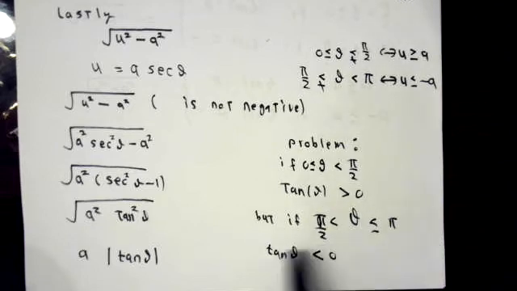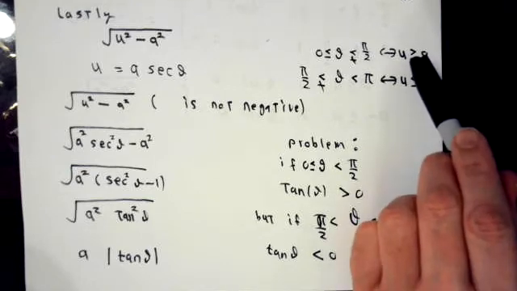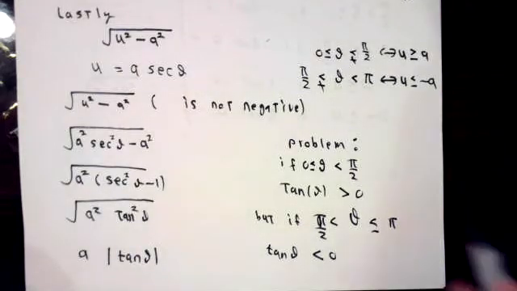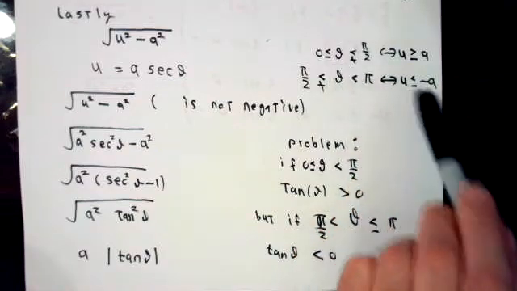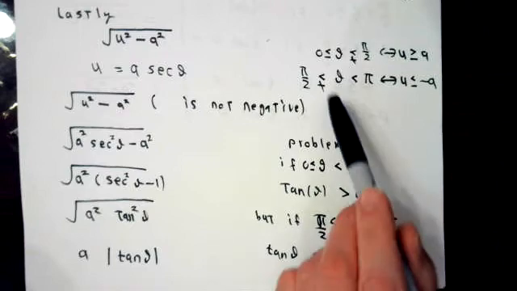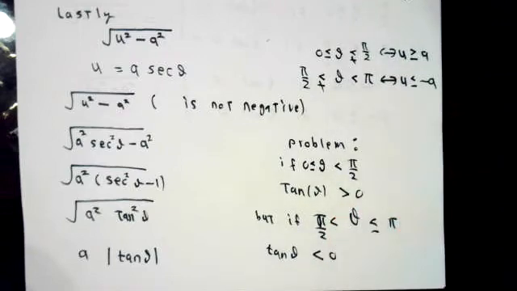But in this part, tangent of theta is negative. So if u is bigger than or equal to a, I can just lose these absolute value signs because that corresponds to theta being between 0 and pi over 2. And if it's the other way, I'm missing a negative sign.